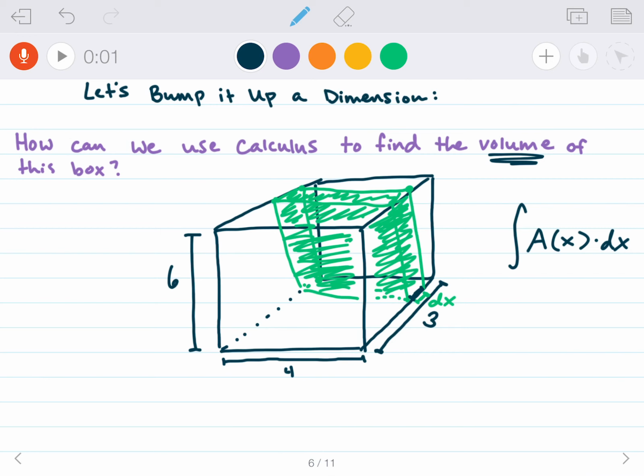All right. So if I was to take this cross section off to the side and draw it, let's do that. So maybe we'll keep it in green. Let me draw it off to the side just so you can see it a little better.